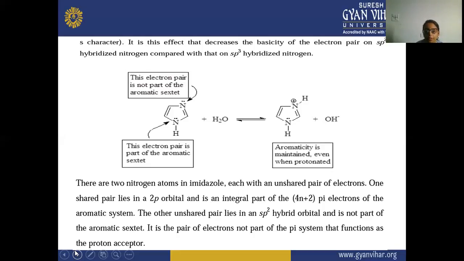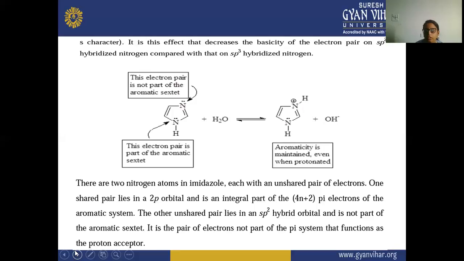The other unshared pair lies in the sp2 hybrid orbital and is not part of the aromatic sextet. It is a pair of electrons not part of the pi system that functions as a proton acceptor.